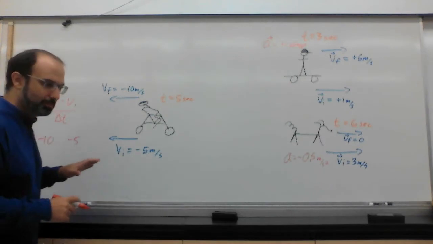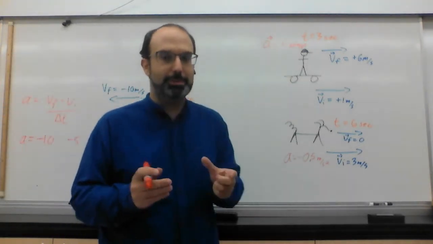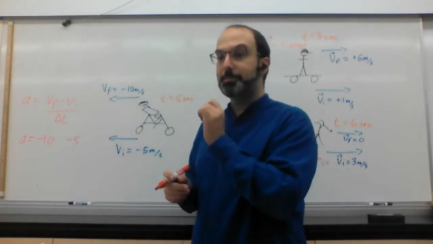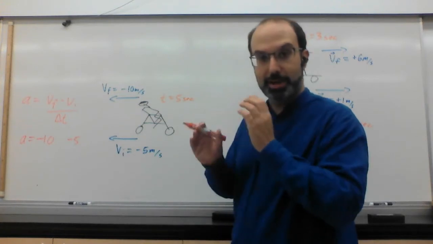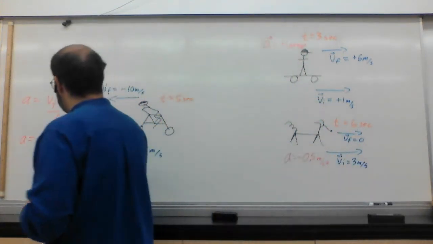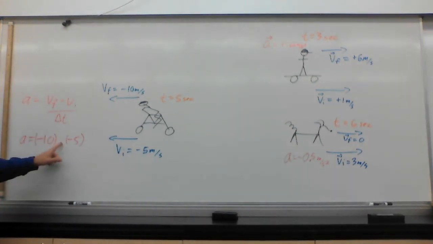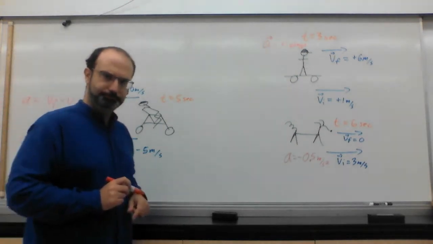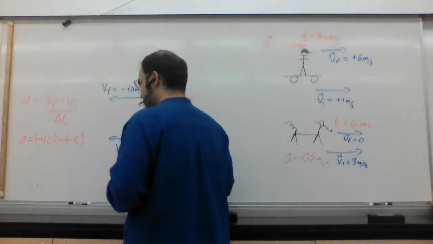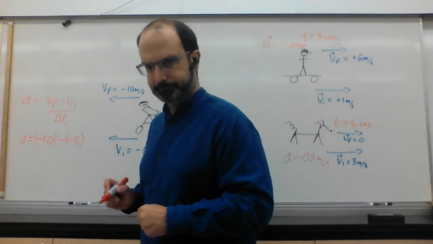Now, this is often where people will stop, and they'll make a mistake here. Because, remember, the 10 and the 5 are negative by themselves, right? I could put them in brackets, like so. But what are we doing to these two numbers? We're subtracting them.